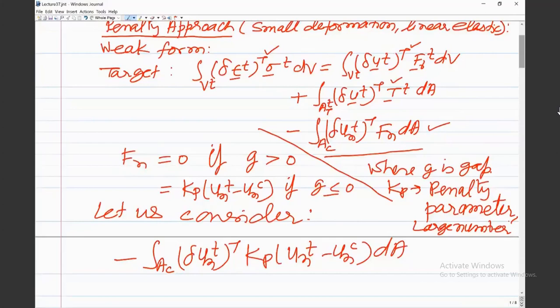Theoretically, to enforce the constraints accurately, this has to be infinitely large, but we cannot work with that, so we work with a certain range of values. Usually, from the stiffness matrix we get, we take the maximum diagonal element, and take the Kp penalty parameter as maybe 1,000 times that maximum diagonal element, and that usually works well.